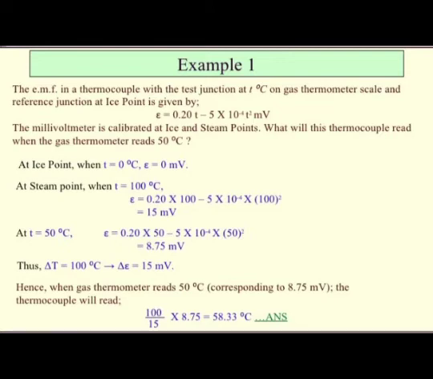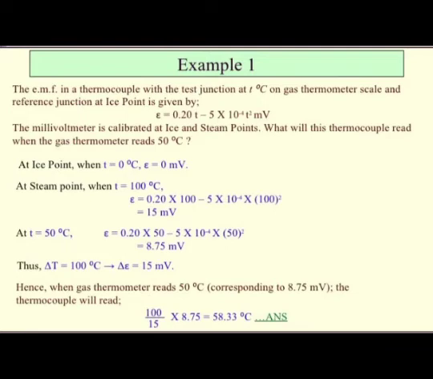What will the thermocouple read when the gas thermometer reads 50 degrees Celsius? At ice point, when T equals 0 degrees Celsius, E equals 0 mV. At steam point, when T is equal to 100 degrees Celsius, the equation will be E equals 0.20 times 100 minus 5 times 10 raised to negative 4 times 100 squared is equal to 15 mV.